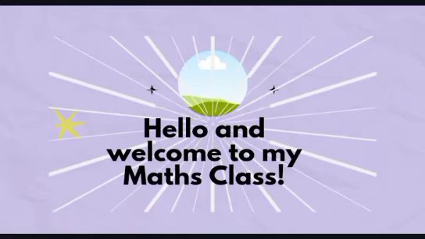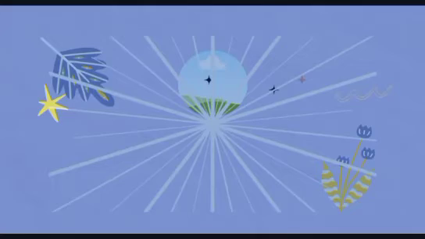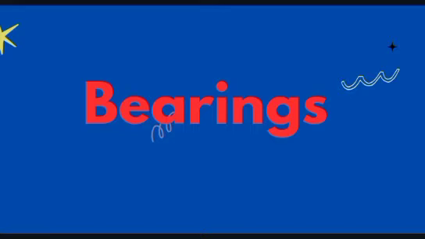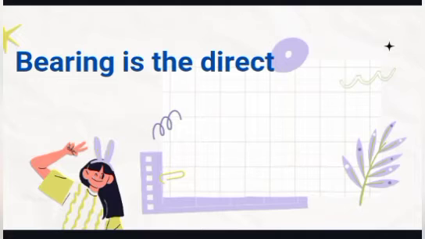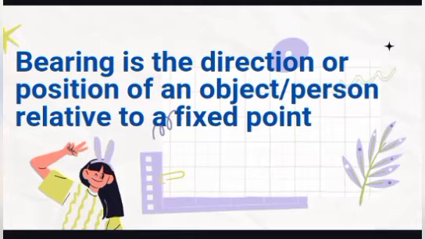And in this video, we will be looking at another interesting aspect of mathematics. So basically, my dear students, we will be looking at the concepts of bearings. So, bearing is the direction or position of an object or person relative to a fixed position.